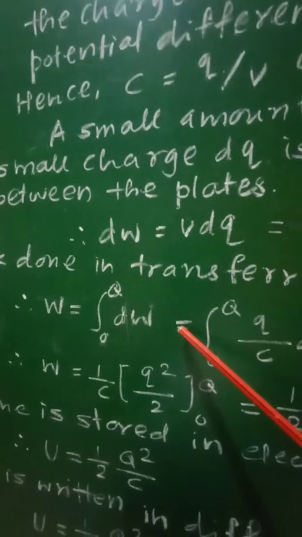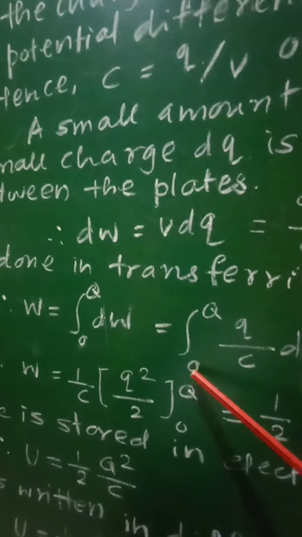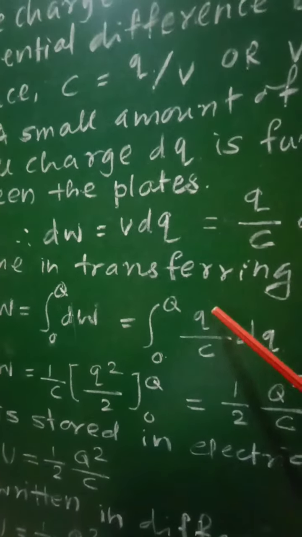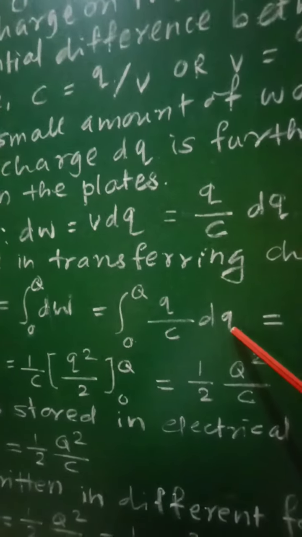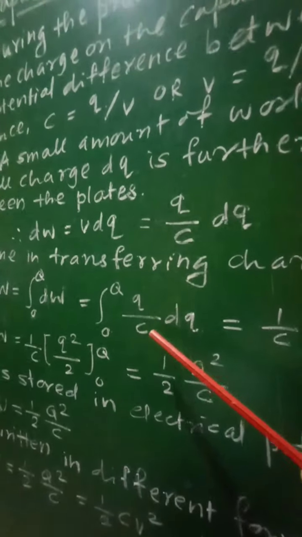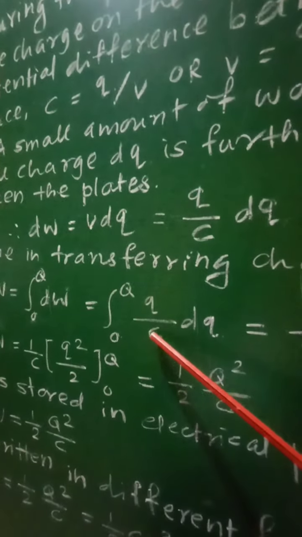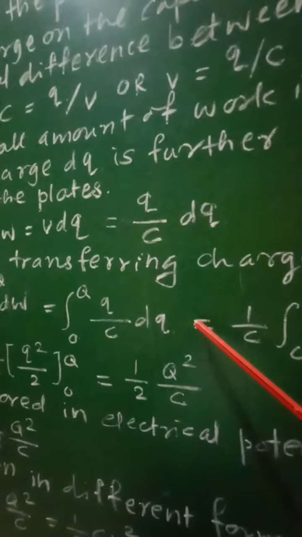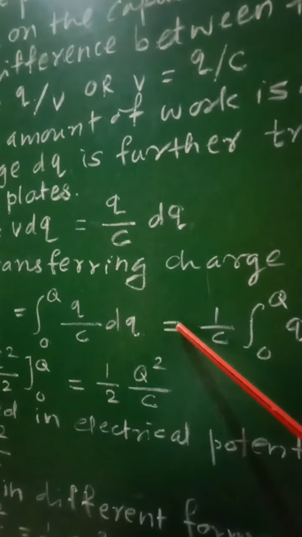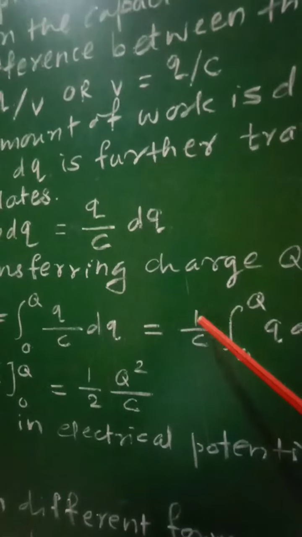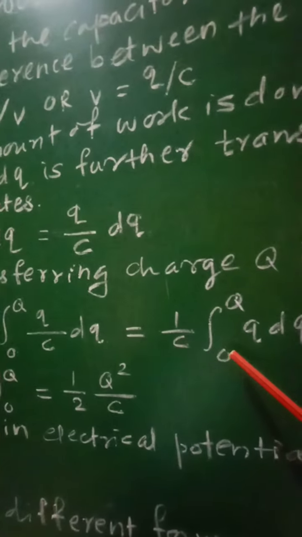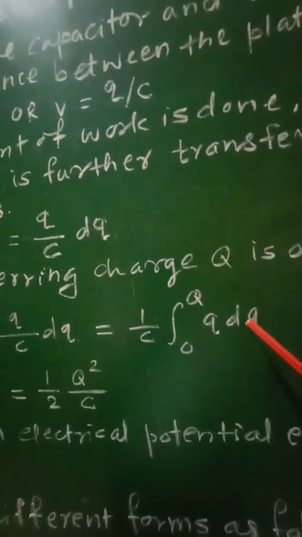Putting value of dw, we will get integration 0 to Q of q by c into dq. But c is constant, that is the capacity of the capacitor, and therefore it is taken out of integration, and therefore we will get W equal to 1 by c integration from 0 to Q of q dq.